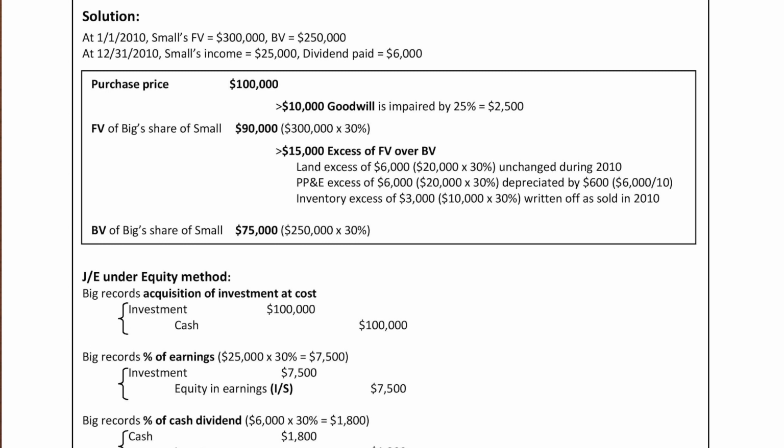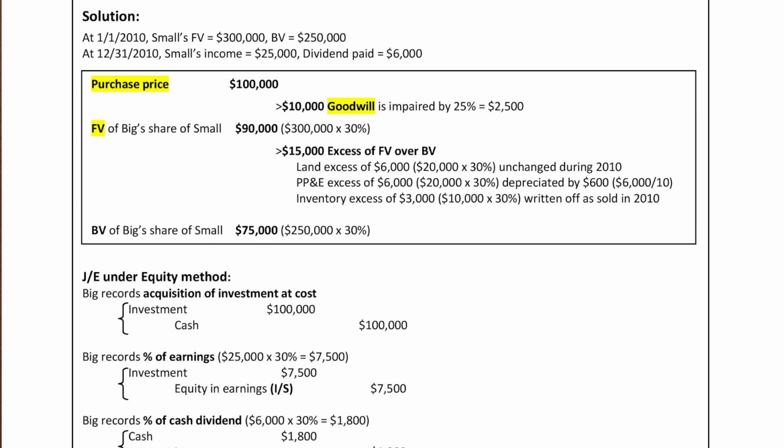Let's first look at the purchase price versus fair value versus book value. The purchase price is $100,000. The fair value of Big's share of Small: the fair value of Small company is $300,000 on Jan 1st, and 30% of that is $90,000. The book value of Big's share of Small is 30% of $250,000, which is $75,000.